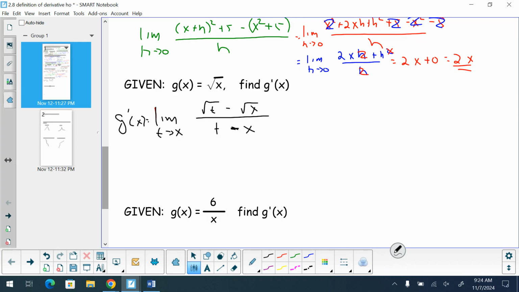My t minus x, I could factor that. I can either multiply top and bottom by a conjugate, or we could factor the bottom down. That's the difference of perfect squares, which would factor into square root of t plus square root of x, times square root of t minus square root of x.